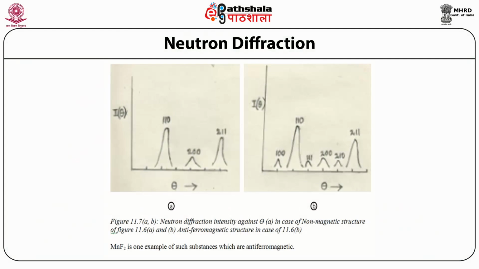Figure 11.7a, b shows neutron diffraction intensity against theta in A in case of the non-magnetic structure of figure 11.6a and B in case of the antiferromagnetic structure of 11.6b. MnF2 is one example of such substances which are antiferromagnetic.